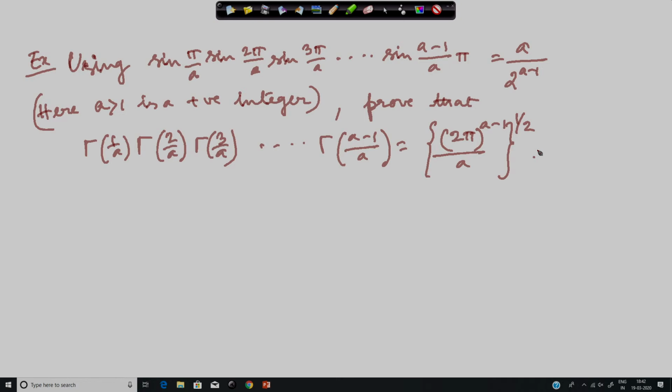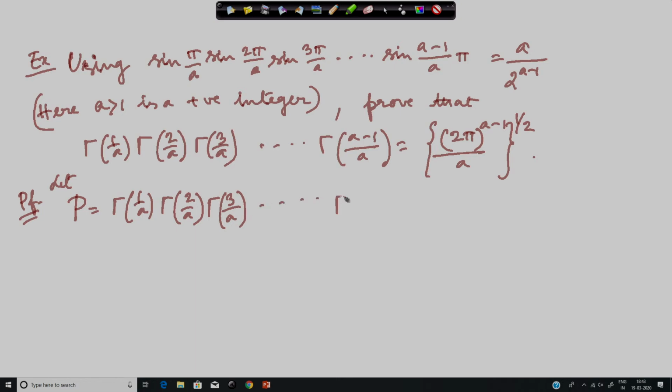So, proof. Let us take the quantity on the left hand side as p. Let p equal gamma 1 by a, gamma 2 by a, gamma 3 by a, up to gamma a minus 1 by a.